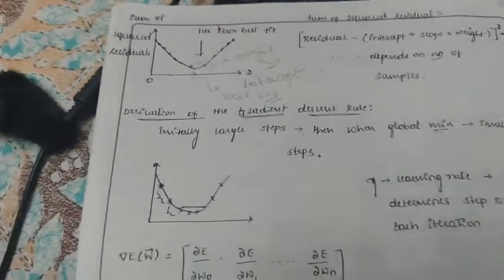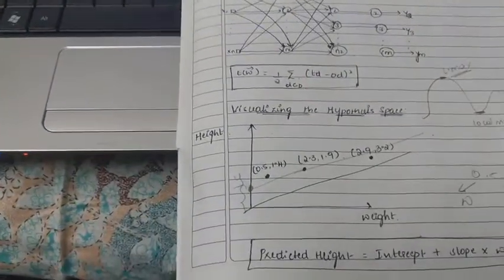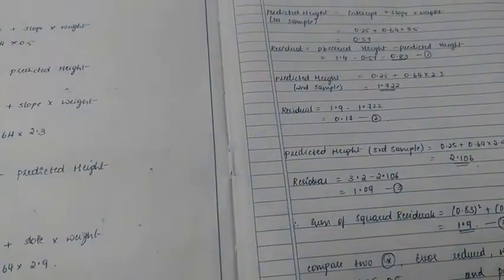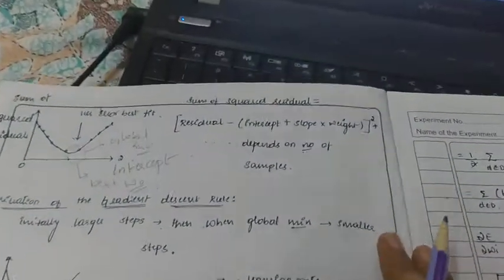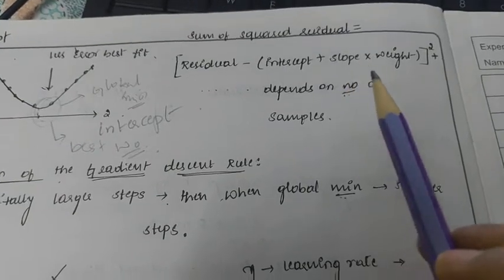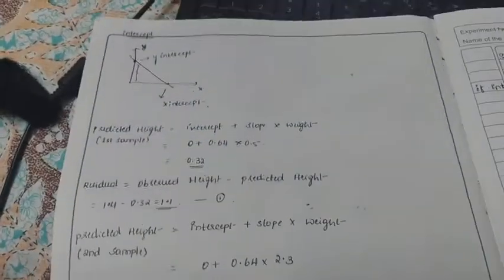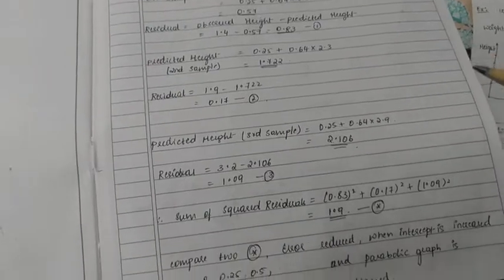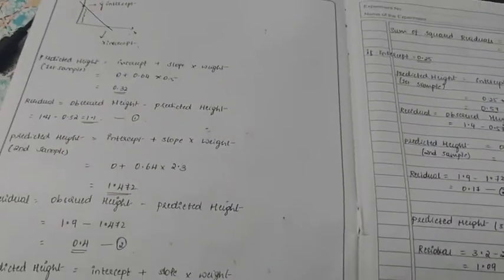So this is a method of gradient descent visualization. Now this is the formula of the sum of squared residuals. Whatever steps I have done here, the same thing I am putting in terms of a formula.